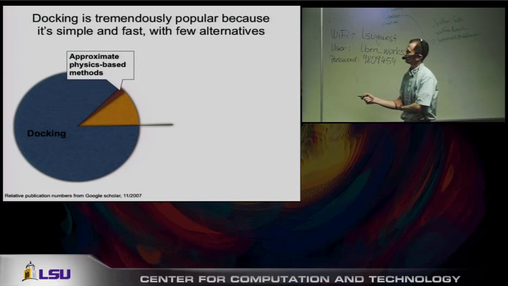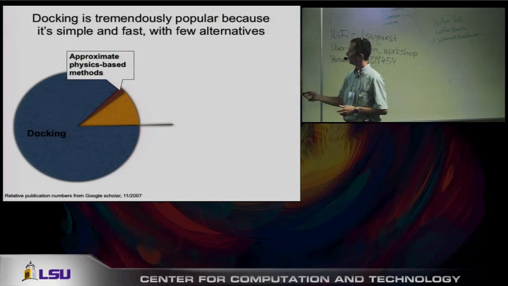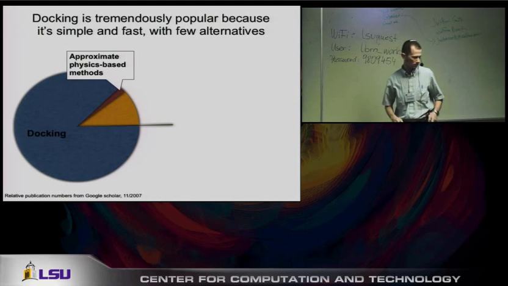There's another piece of this pie, which is what I call approximate physics-based methods. They still don't evaluate binding free energies, that is, that ratio of partition functions I talked about. Docking doesn't do that either. But they add a bit more physics in.